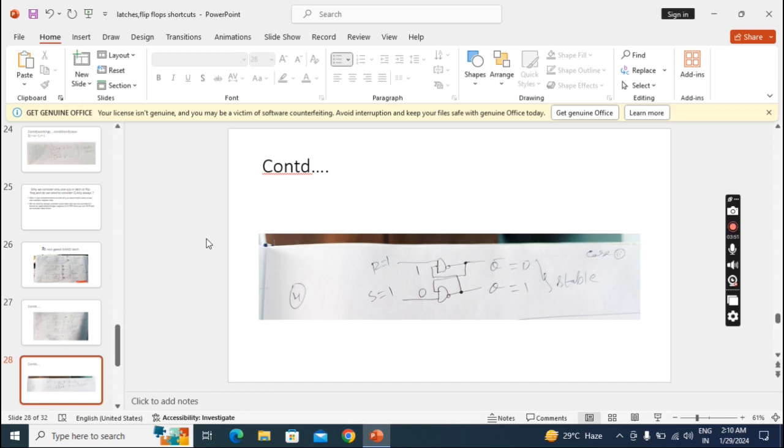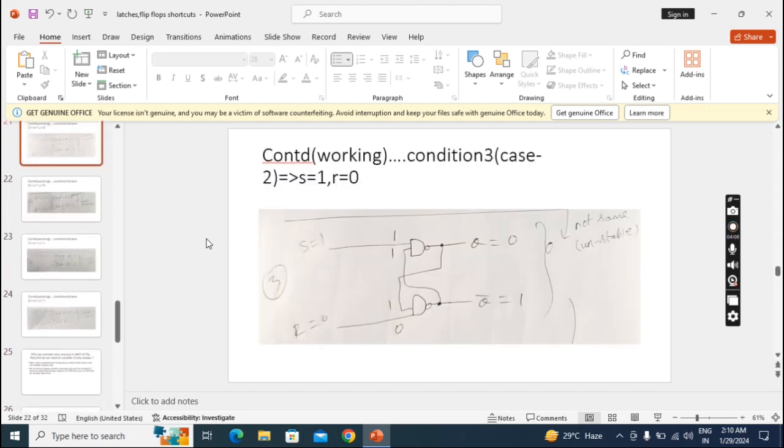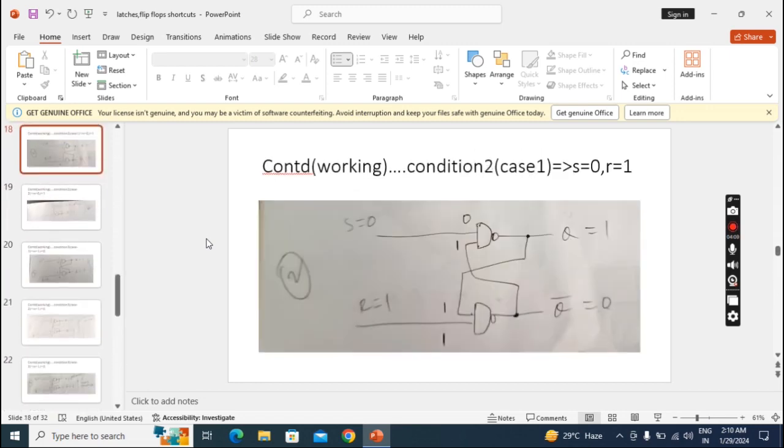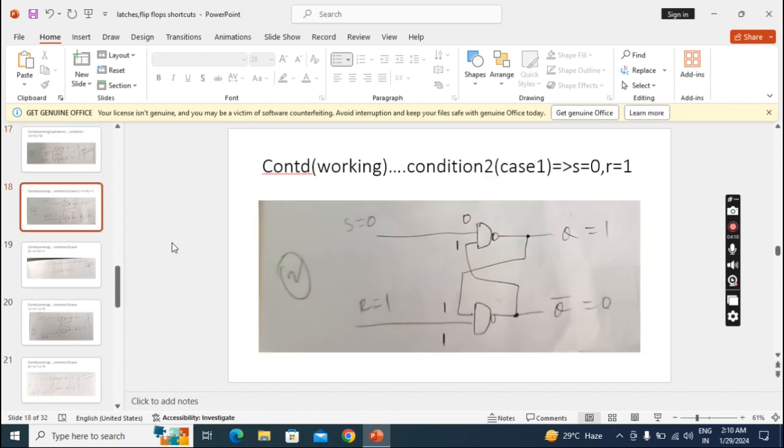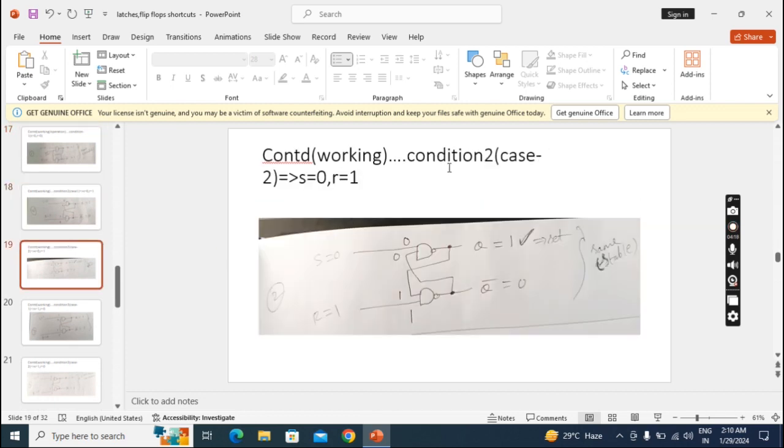Okay, so this is the explanation about SR and RS. Before seeing this lecture, you have to see the first lecture, SR non-gated NAND latch. Then only you can understand this properly. In that lecture also, see, when inputs are different, whatever the R value, that only is coming to the Q. So this is the final case condition.